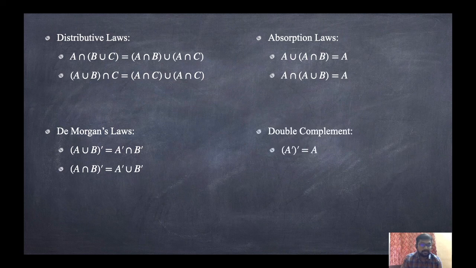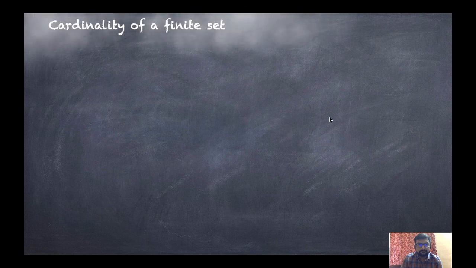That is (A dash) dash, the complement of A's complement, which results in A. We can prove all this by simple arithmetic, but in this lecture we won't calculate it. Now, cardinality of a finite set.